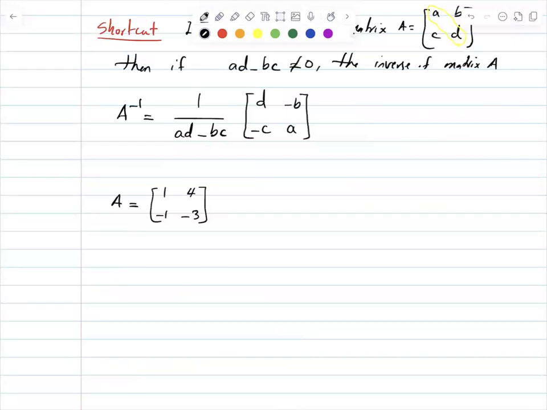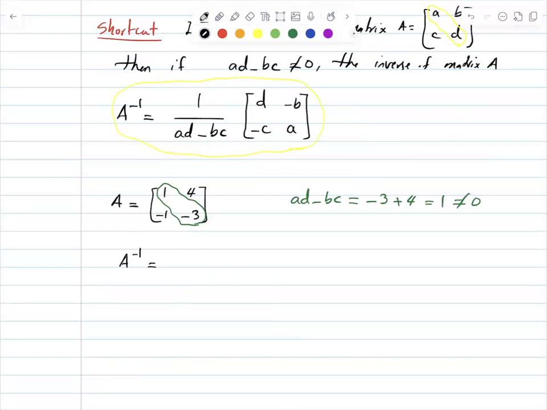So let me calculate AD minus BC. AD minus BC is equal to, I have negative 3 minus minus 4 or plus 4, which is 1. So this is non-zero. It means that I can apply this nice trick and find the inverse of this matrix.